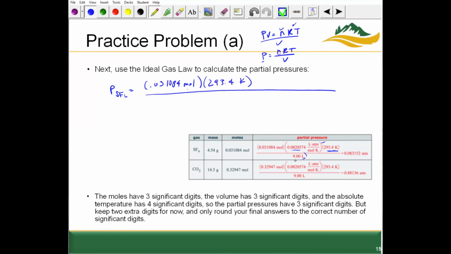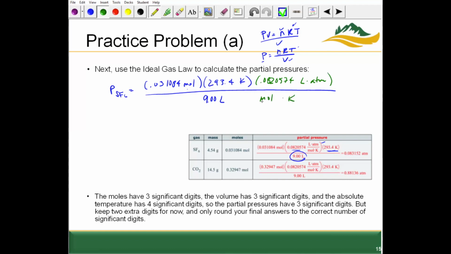Then the volume of the tank, we were told, is 9.00 liters. Now we've dealt with volume, temperature, and number of moles. Now let's incorporate that gas constant, so 0.0820574 or 0.08206. This is liters atmospheres per mole Kelvin.